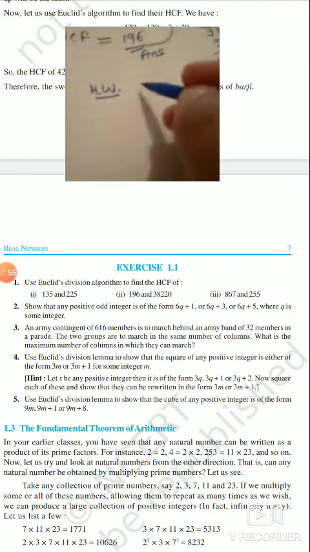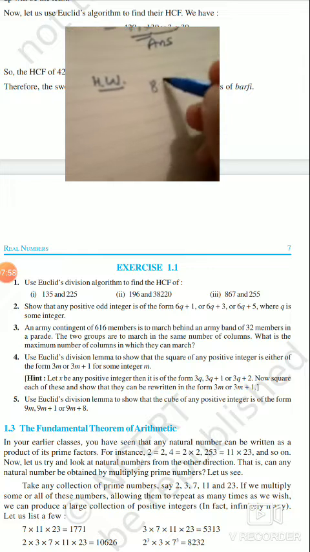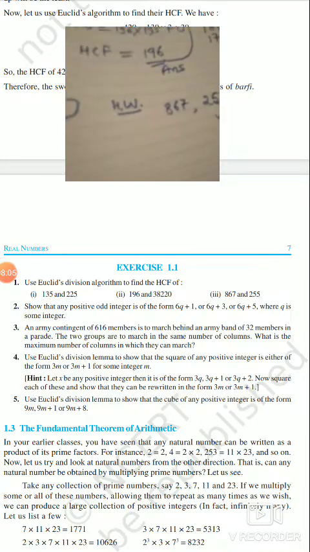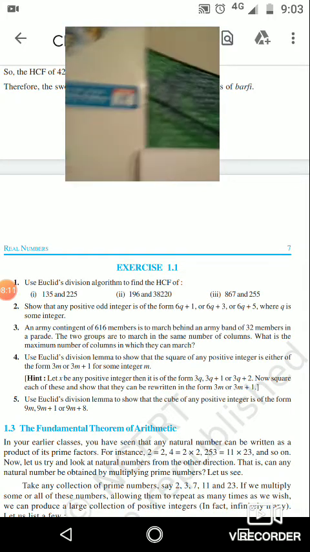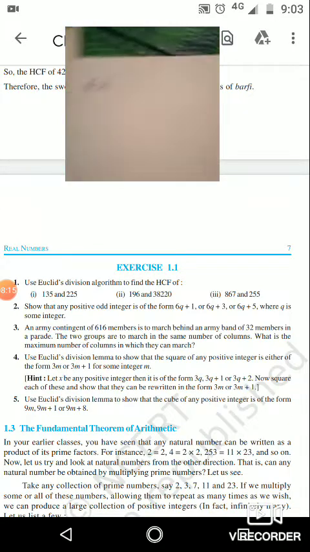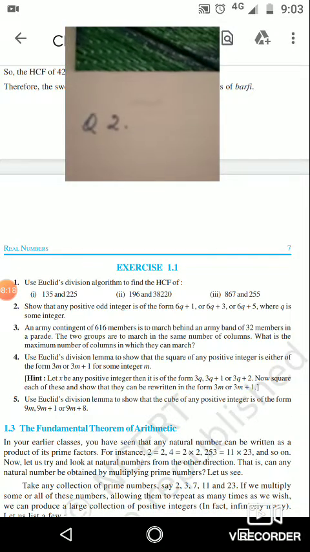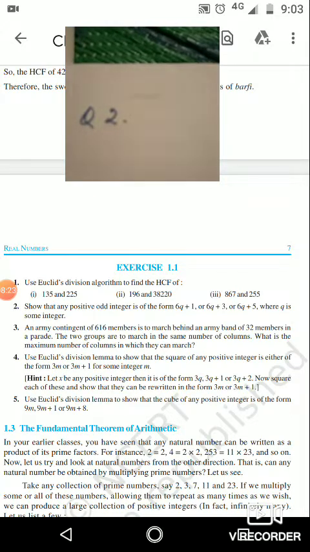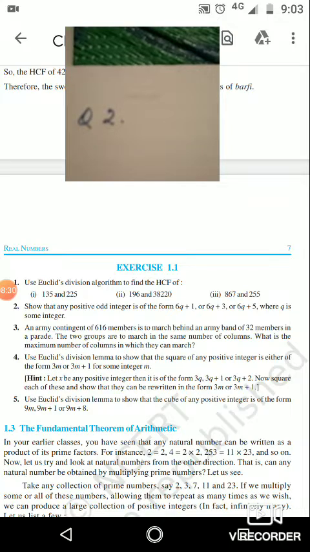Now you will try, and the numbers are 867 and 255. Now the question number 2 is: show that any positive odd integer is of the form 6q plus 1 or 6q plus 3 or 6q plus 5, where q is some integer.